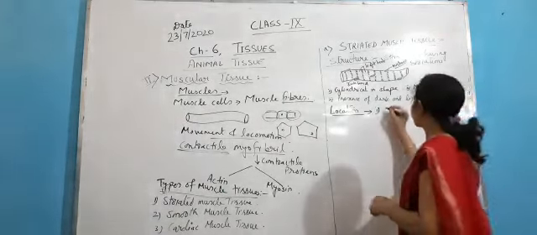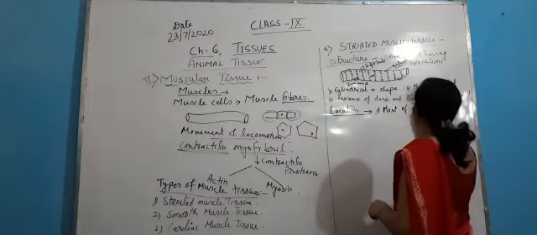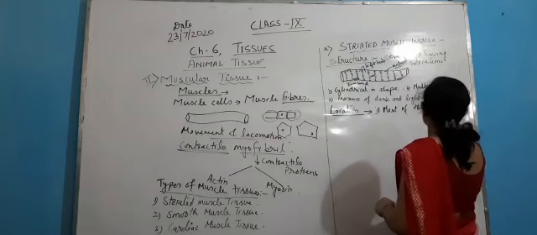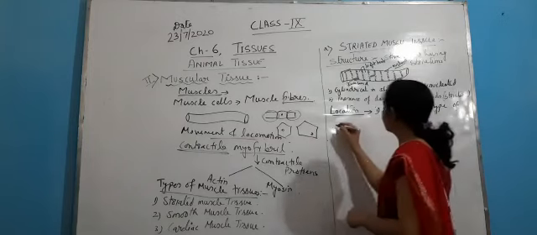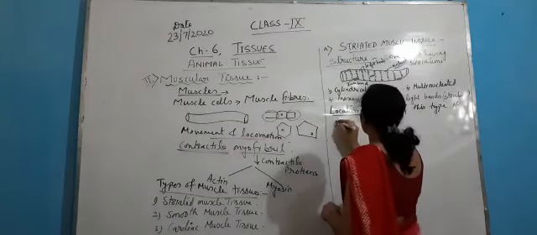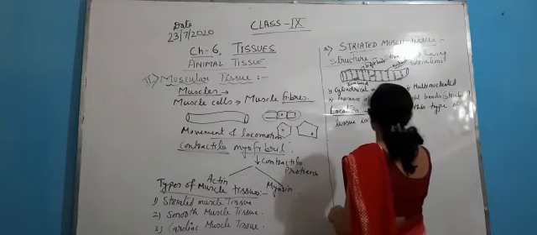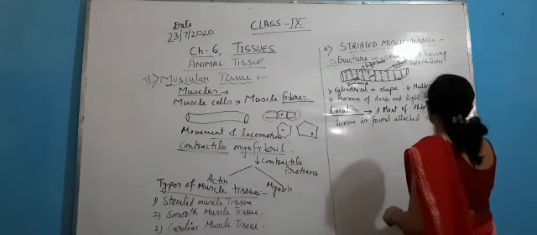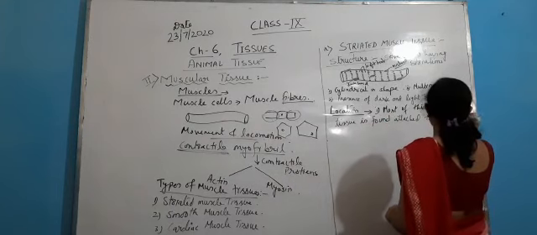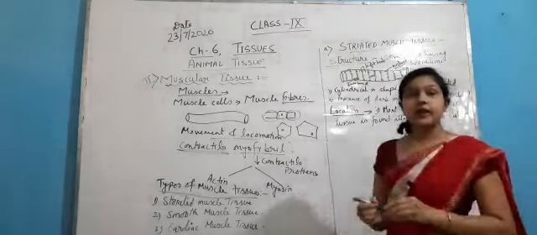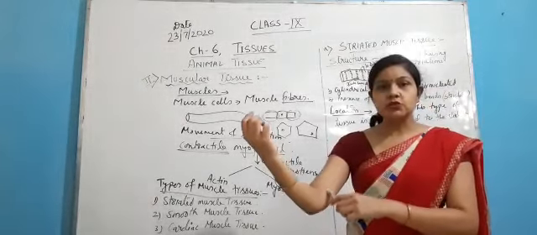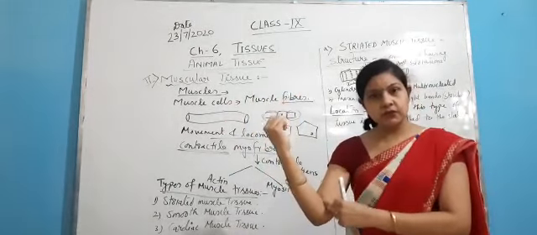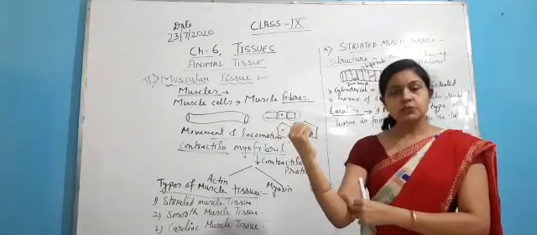Most of this type of tissue is found attached to the skeleton, like the muscles of our hands. Okay, the movement is there, so the muscles of the hands are attached with the bone which is present inside.